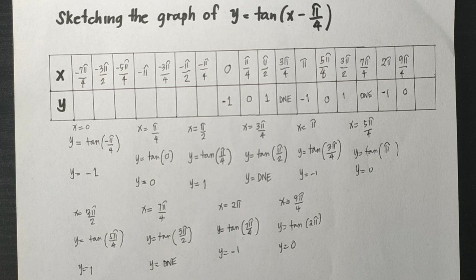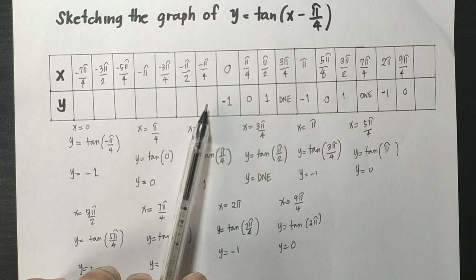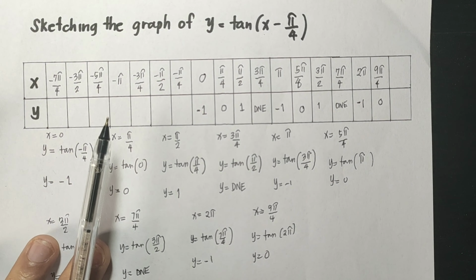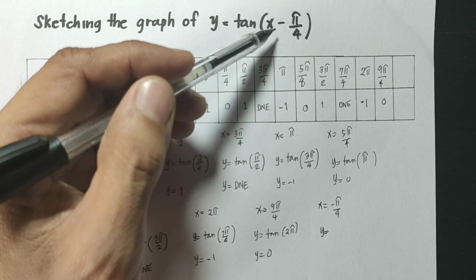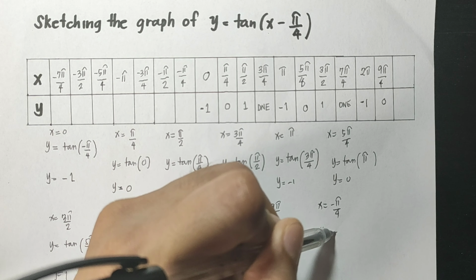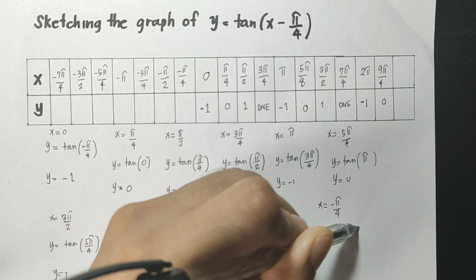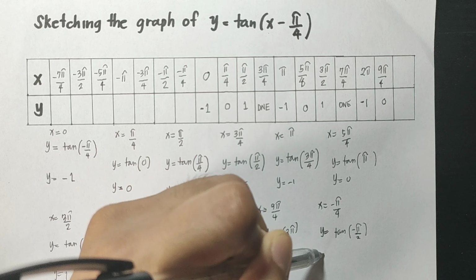Okay? So let us have the negative sides. When your x is negative pi over 4, to find the value of y, we will substitute in here. So negative pi over 4 minus pi over 4 is negative 2 pi over 4 or simply the tangent of negative pi over 2.